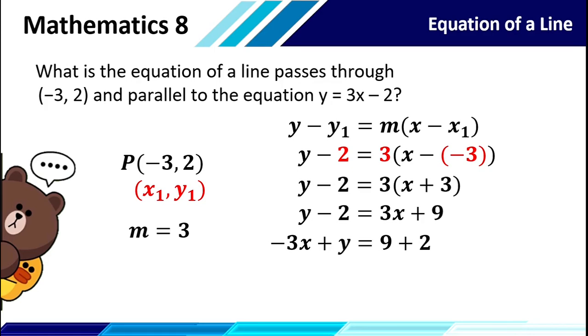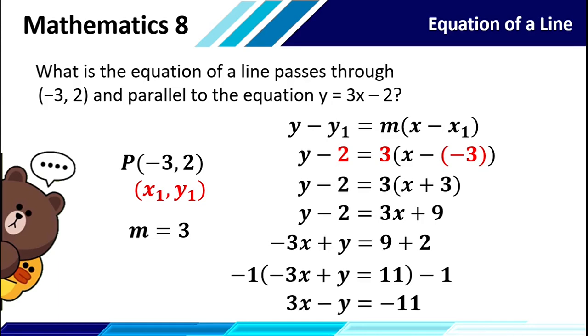Let's simplify it further. We will have negative 3x plus y is equal to 11. And because we have a negative leading coefficient, we will multiply both sides by negative 1. Therefore, our final equation would be 3x minus y is equal to negative 11.